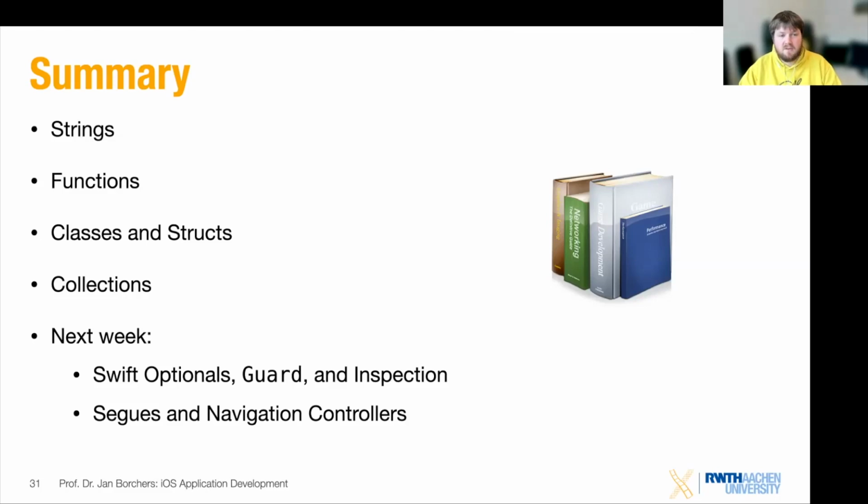And again, the most important thing is that for classes you have your pointers, while structs are copied around. And for collections, we looked briefly at arrays and dictionaries. And there again, collections are value types. So that is something that's different from other programming languages, so something to keep in mind.